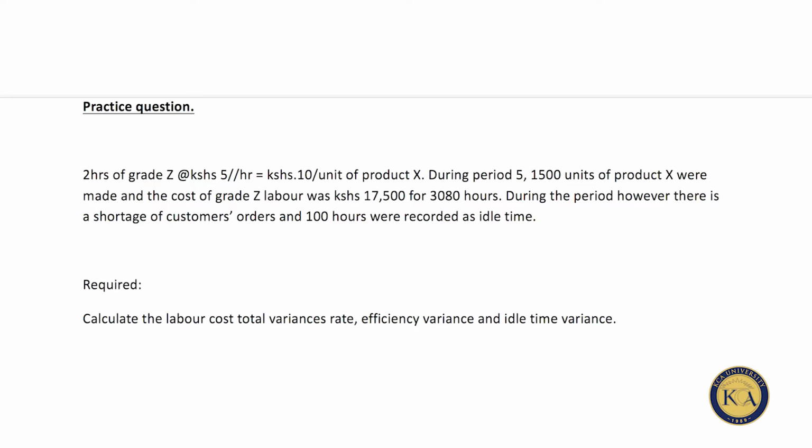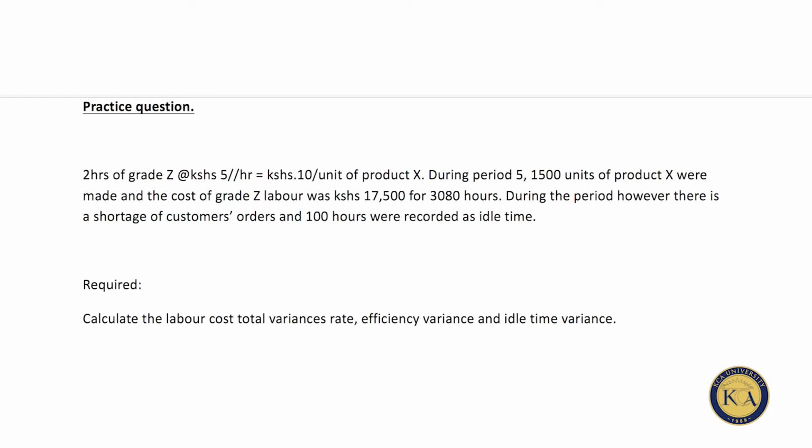We will also look at this practice question 2, which is also about labor. And in this particular question, we will see the concept of idle time. I read the question. 2 hours of grade Z at Kenyan shillings 5 per hour equals 10 shillings per unit of product X. During period 5, 1,500 units of product X were made, and the cost of grade Z labor was Kenyan shillings 17,500 for 3,080 hours.